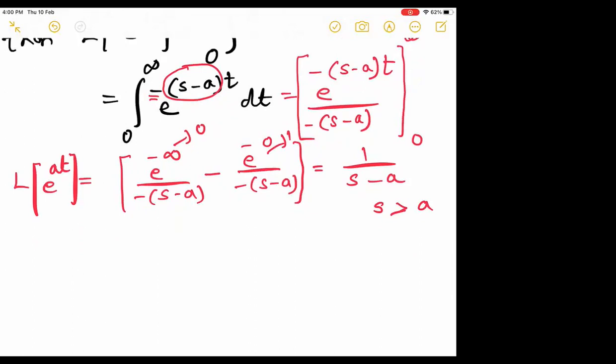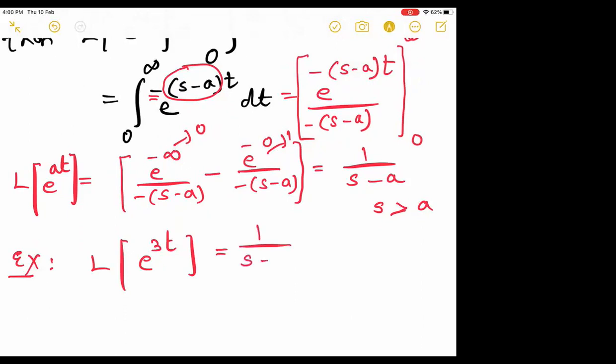Accordingly, for example, if I want to calculate Laplace transform of e raised to 3t, what will be the answer? 1 upon s minus a, so 1 upon s minus 3.